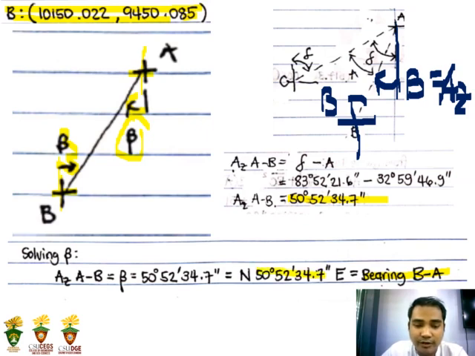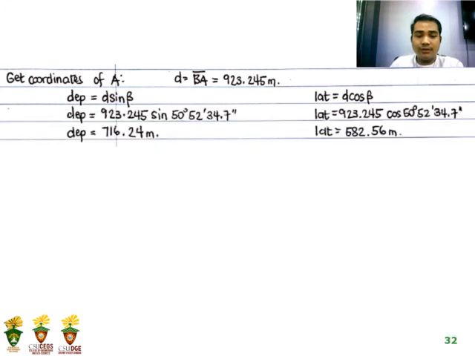Since it is based on north and going to the east, as a whole our bearing is north 50 degrees, 52 minutes, and 34.7 seconds east. Next we are going to get the coordinates of A. For that, we are given the distance BA, which is 923.245 meters.